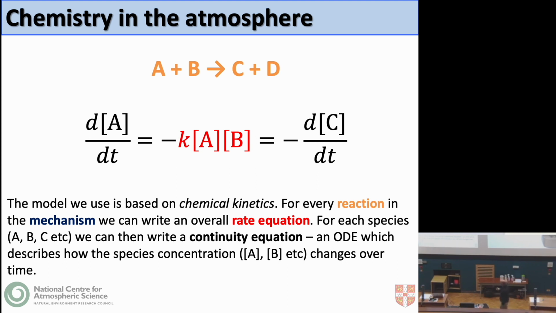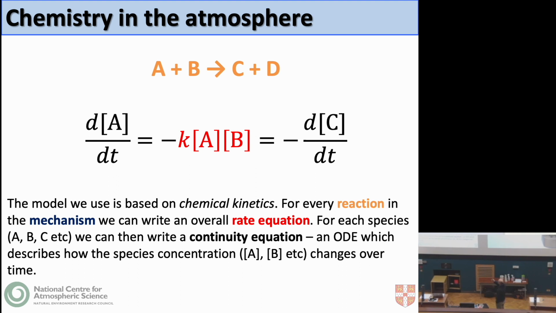And so what we're interested in, in terms of solving this problem, is understanding how the concentrations of these species evolve with respect to time. And so to do that, we have to use calculus, and we have to think about writing a differential equation which represents the change in concentration of species with time.